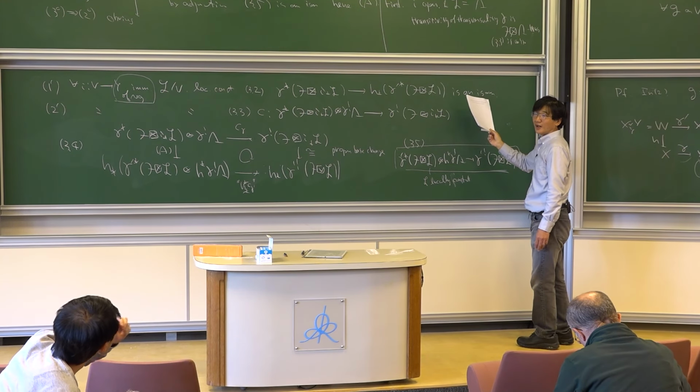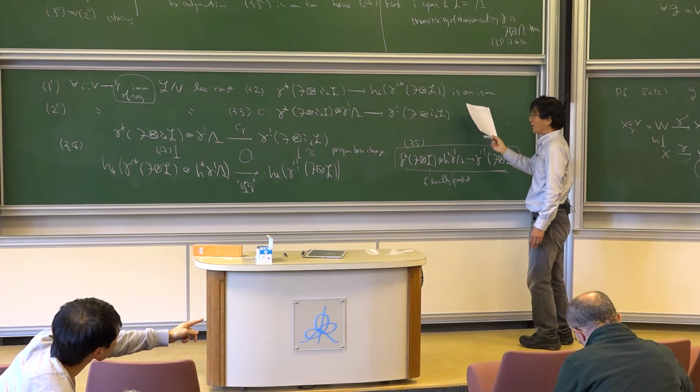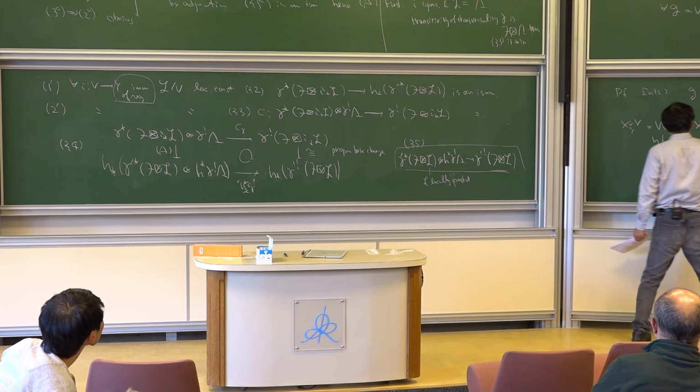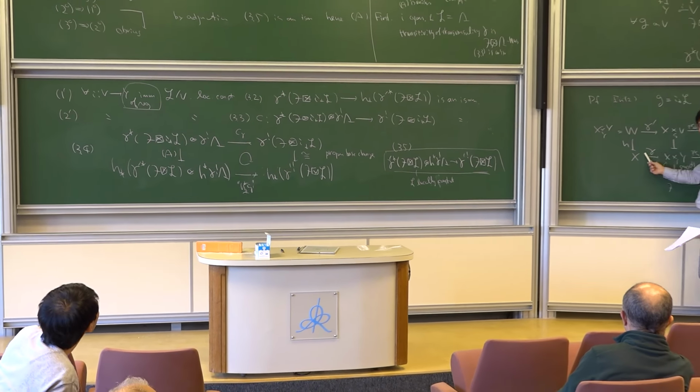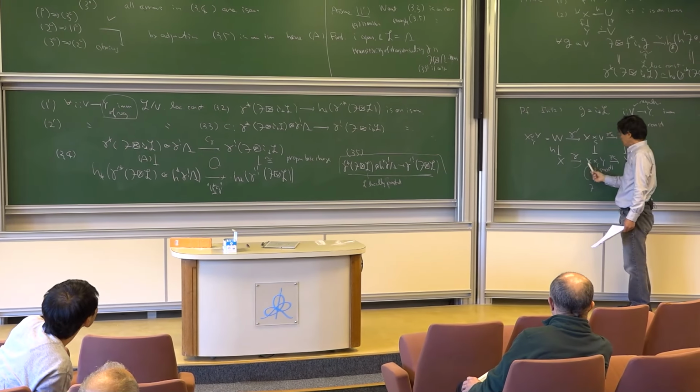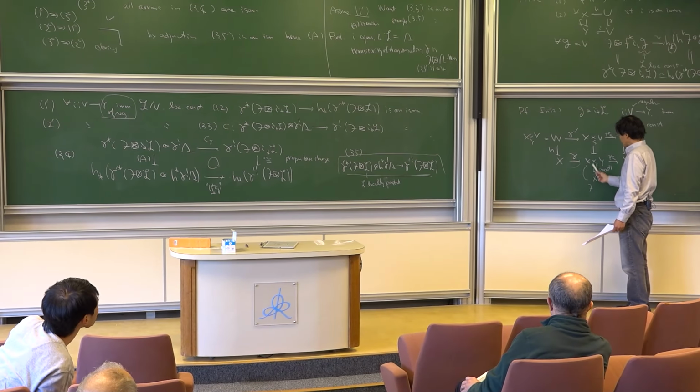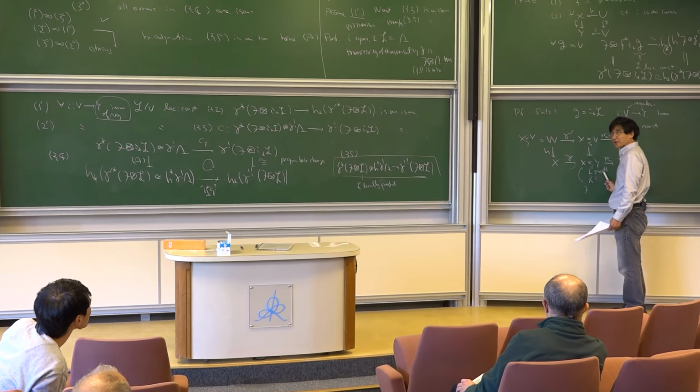And what is the argument? So I want to show that this is transversal. And well, we know this is transversal because it's smooth.